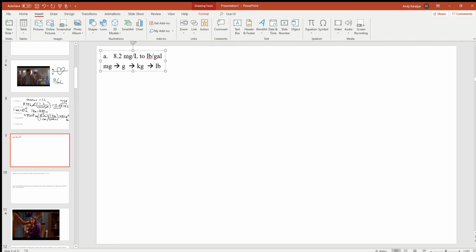So that'll let us convert our mass. We're going to need to do 3 conversions there. Liters, we can look that one up, and we can find a direct conversion from liters to gallons. So that'll be our final conversion that we need.